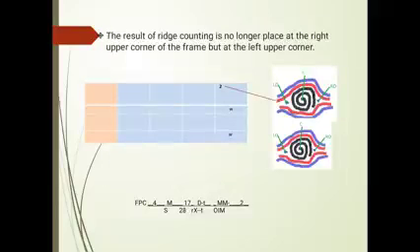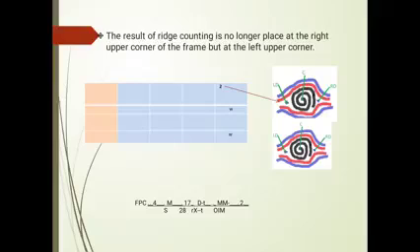The result of the ridge counting is no longer placed at the right upper corner of the frame, but at the left upper corner. So given the table, if the pattern that appears is a loop, the ridge count is on the right upper corner. But if it is a whirl and it is treated as an ulnar loop, then it was already ridge counted.